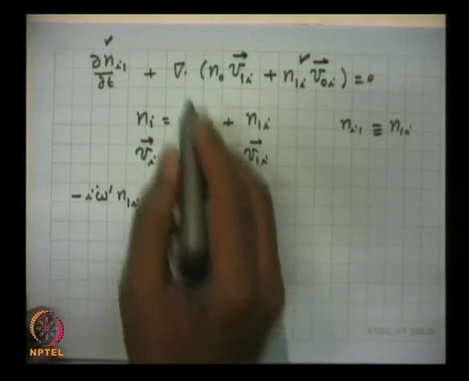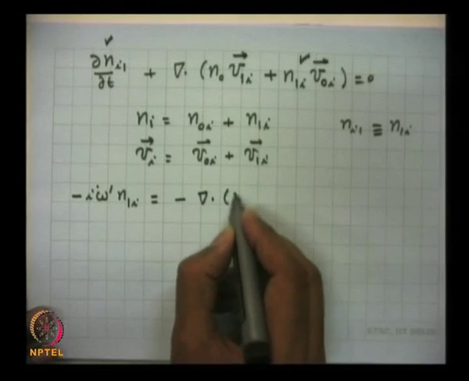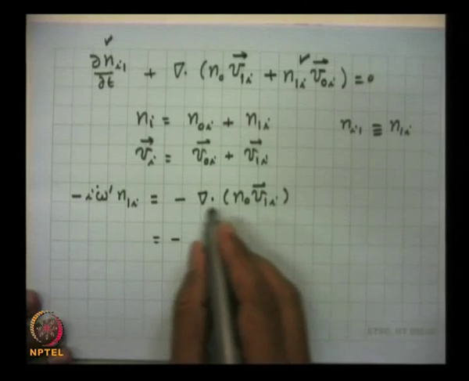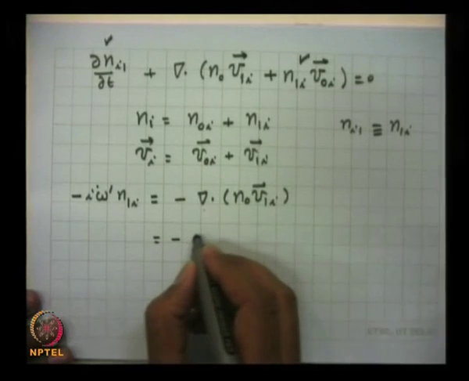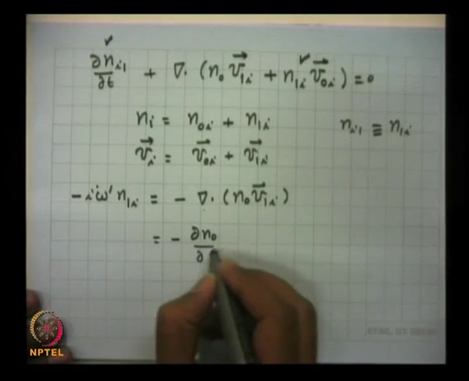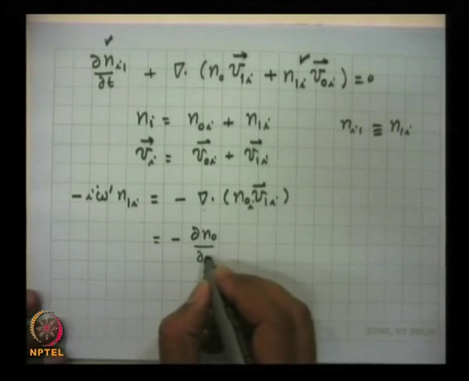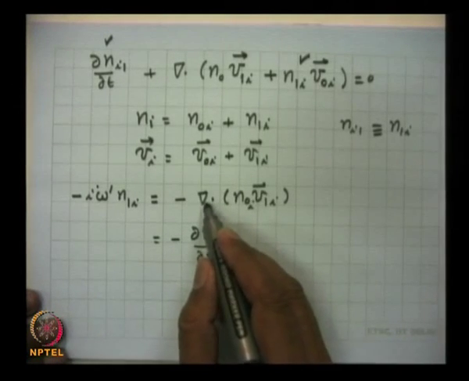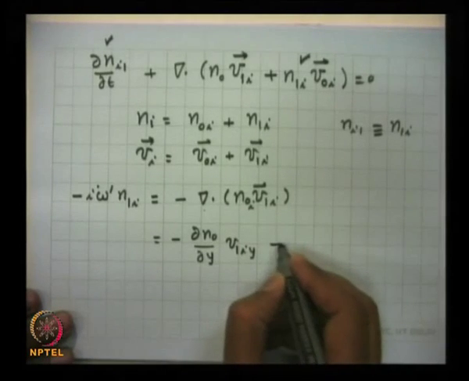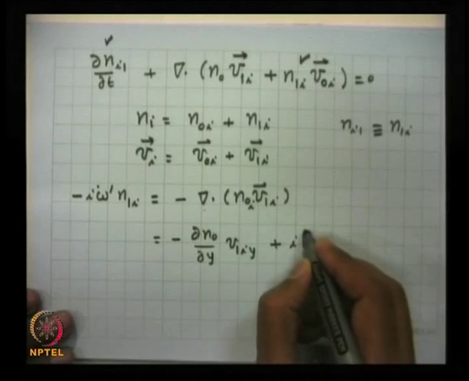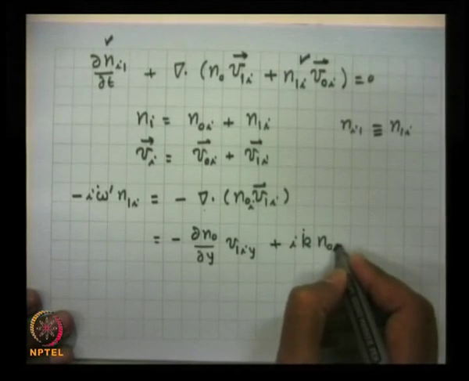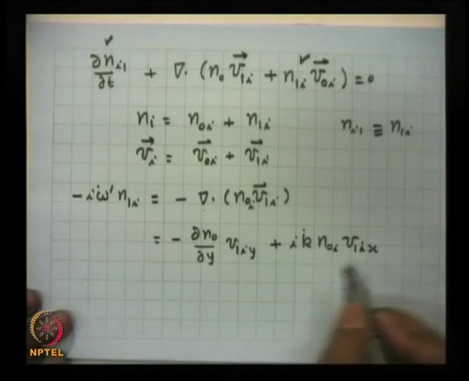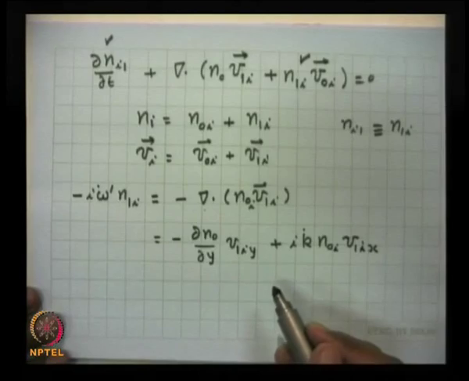This is equal to minus this term taken on the right hand side, divergence of N0 V1I, which again will have two terms: minus del operating over N0 first, then this quantity, which is equal to delta N0 by delta y, N0 of ions, the same thing as electrons also, into V1Iy, because if I take the y component of this, then y has to be there, and then you get a term plus ik, which is the x direction, so N0 of ions multiplied by V1Ix.